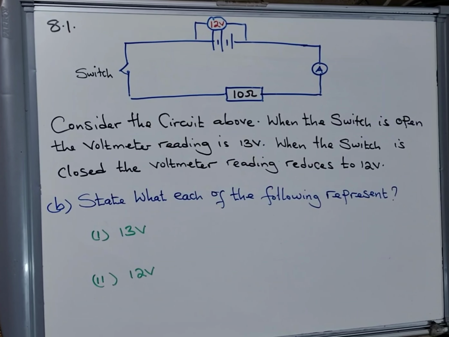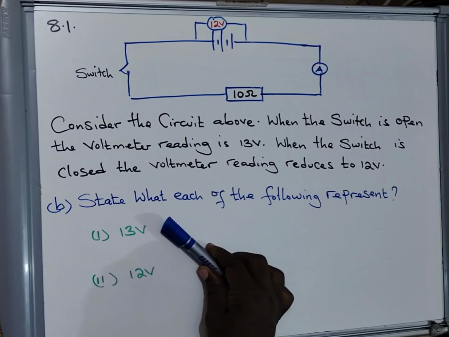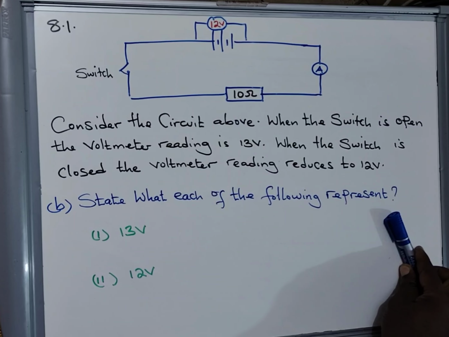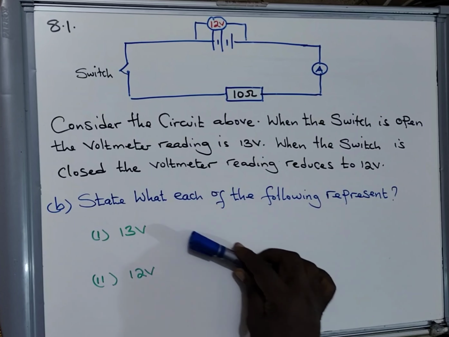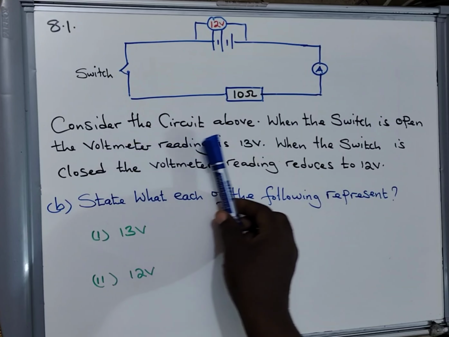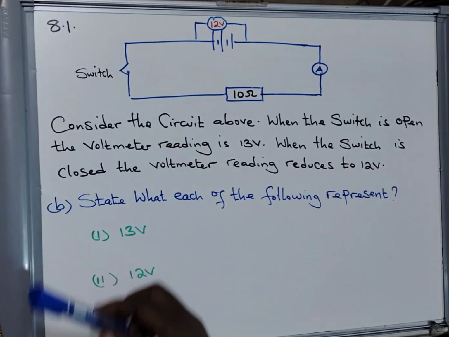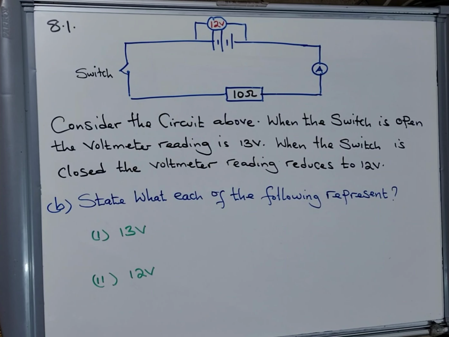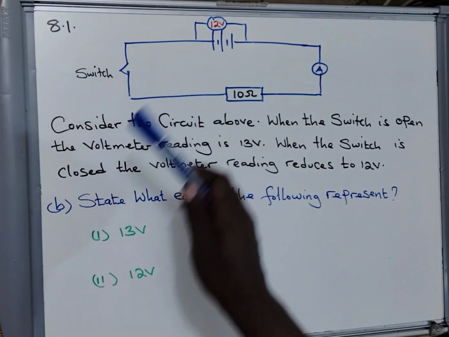Then comes this question. It says, state what each of the following represent. Number 1, 13 volts. We have to remember that 13 volts is obtained when the switch is open. Opening of the switch means no current goes through the battery.